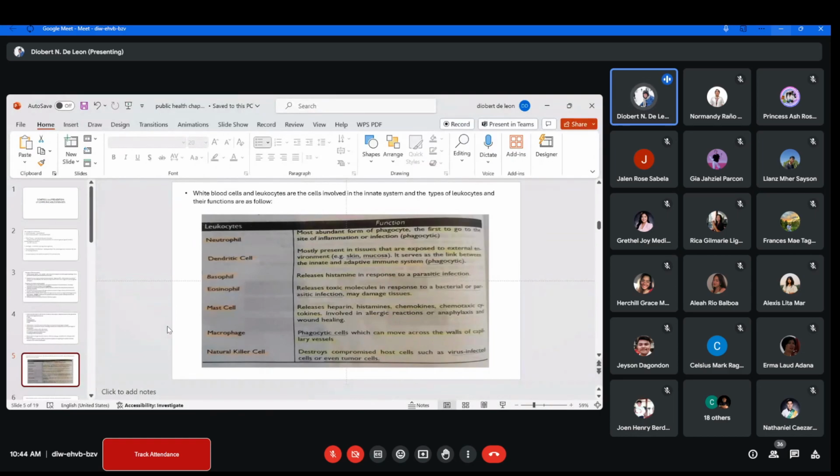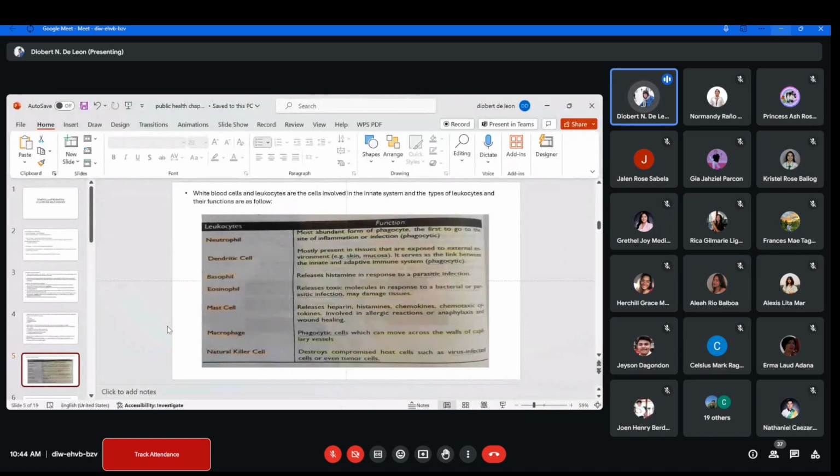Number two, dendritic cell. It's mostly present in tissues exposed to the external environment, such as the skin and mucosa. It serves as the link between the innate and adaptive immune systems. Number three, basophil. It releases histamine in response to a parasitic infection.